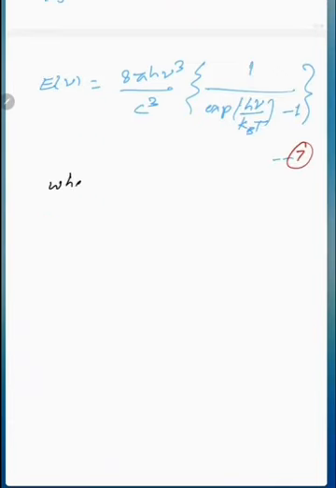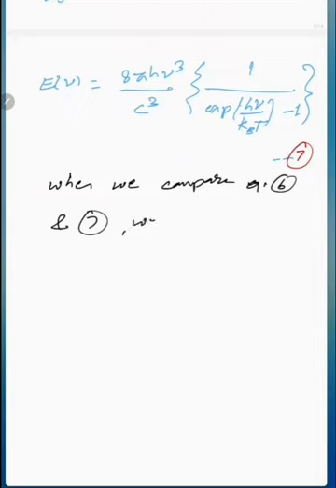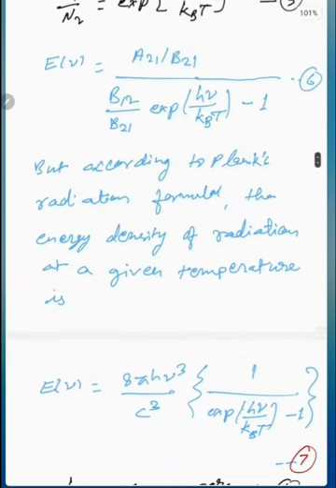Friends, when we compare equations 6 and 7, we can see that the value of A21 upon B21 will be equal to 8 pi h nu cube upon c cube, and the value of B12 upon B21 will be equal to 1.